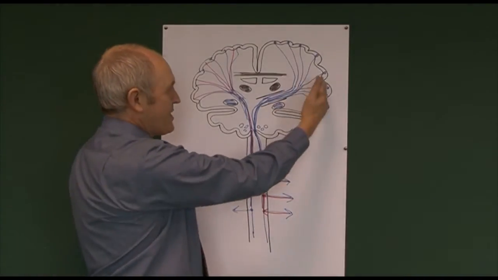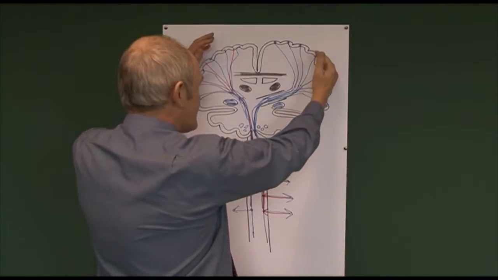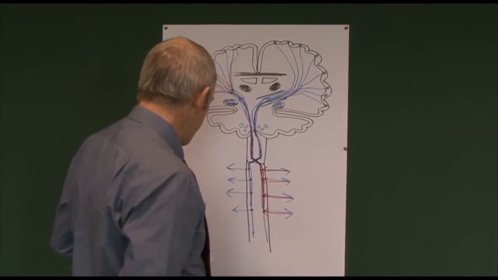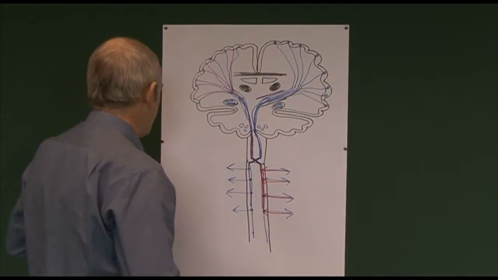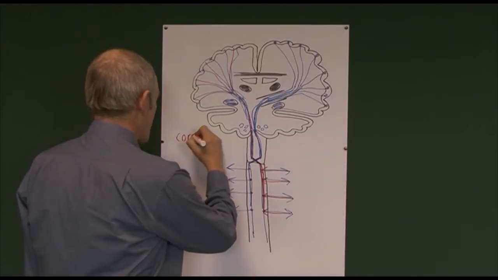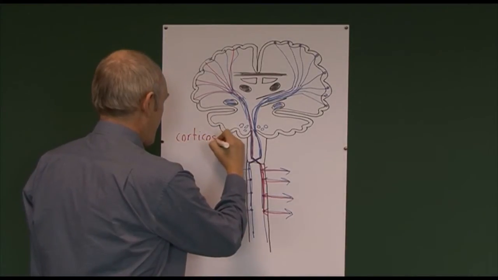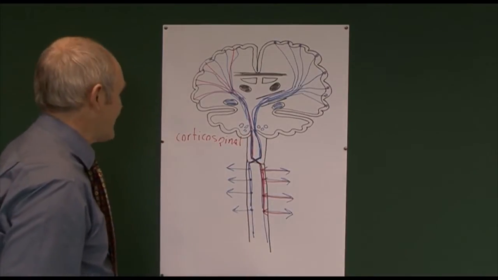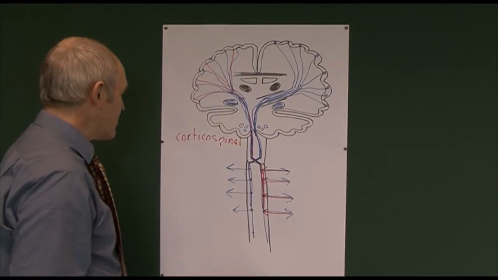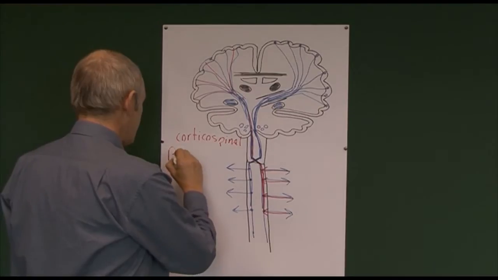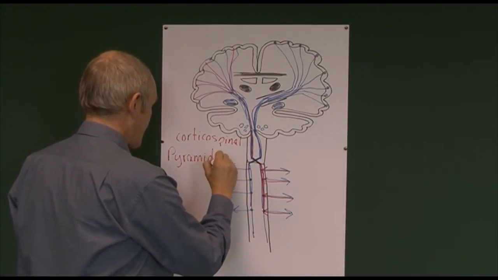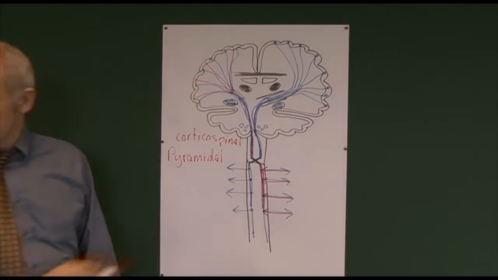The corticospinal tracts are carrying information from the cortex down the spinal cord. But they're also called sometimes the pyramidal tracts.